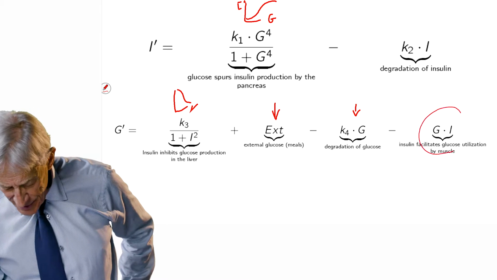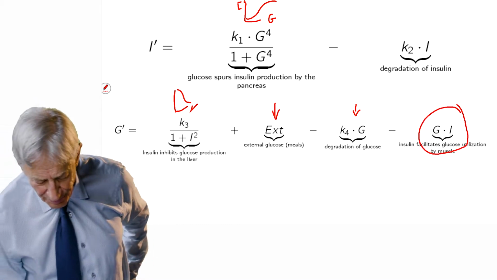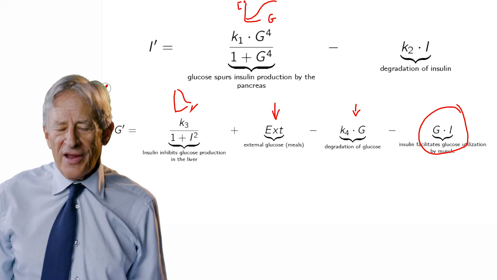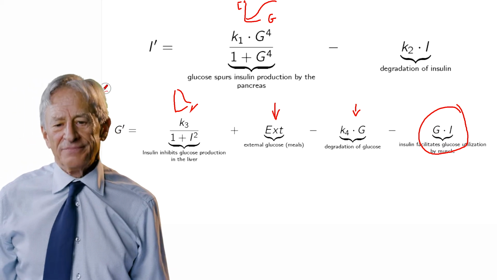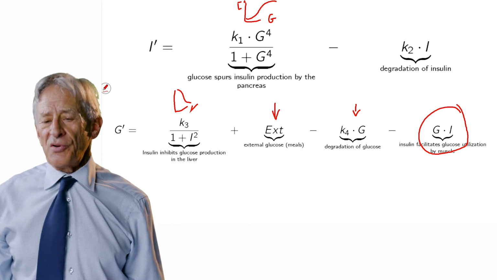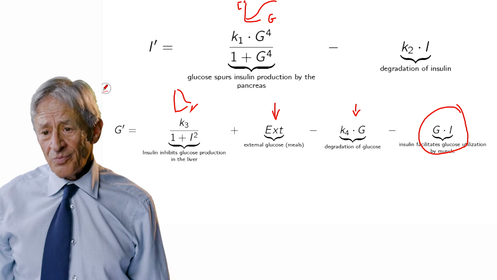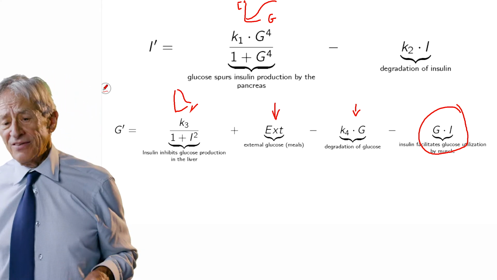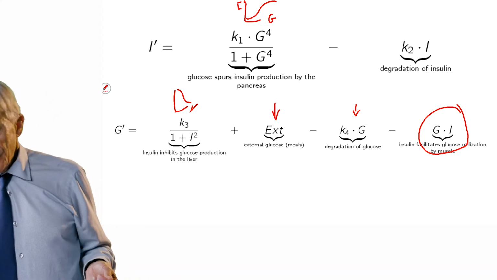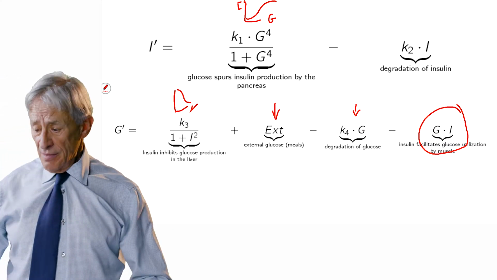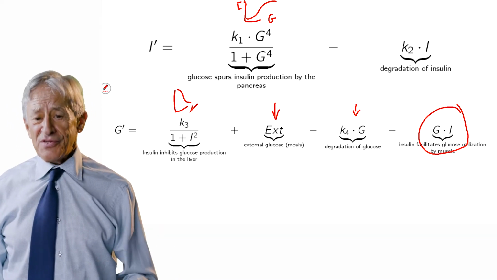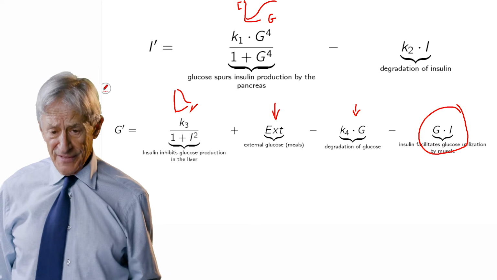And then the last term is this one. And notice its form. It's our old friend, shark meets tuna, ST. This is glucose meets insulin. And glucose meets insulin in the muscle cell. And the metabolism of glucose is facilitated by insulin.